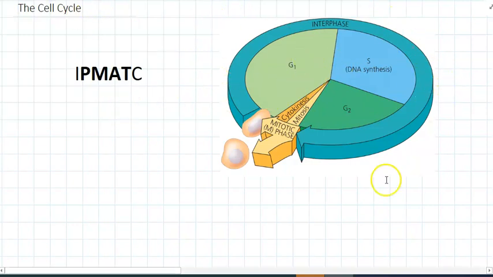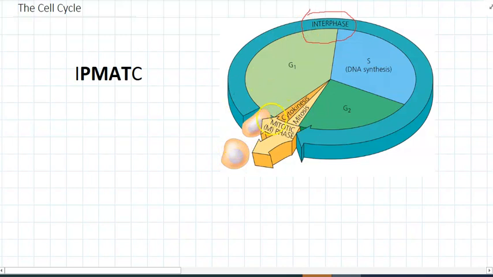So what we're doing here is we're actually zooming out from just looking at mitosis to that whole cell cycle now, and seeing what else scientists have discovered about the way that cells reproduce. So you can see here in this diagram, most of the cell's life is the interphase.